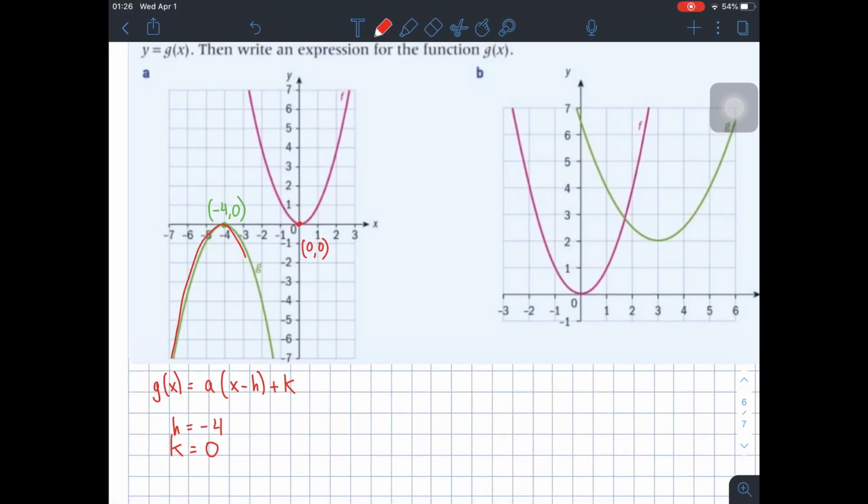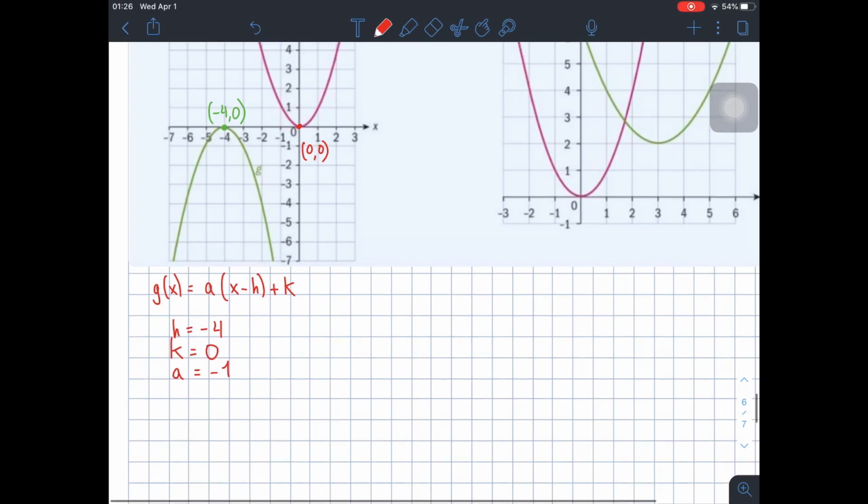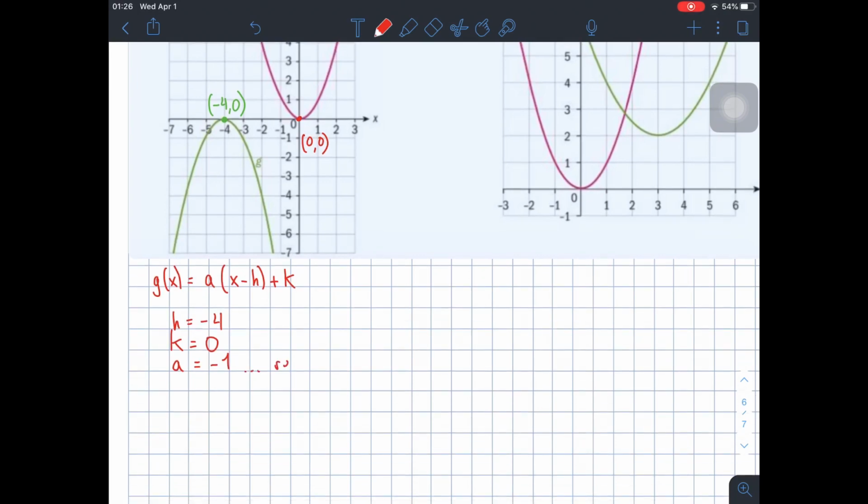Because both parabolas have the same shape. You see that none of them is narrower or wider than each other. They have the same shape, but they are looking in opposite directions. So the value of a in this case is -1 because there's a reflection on the x-axis.